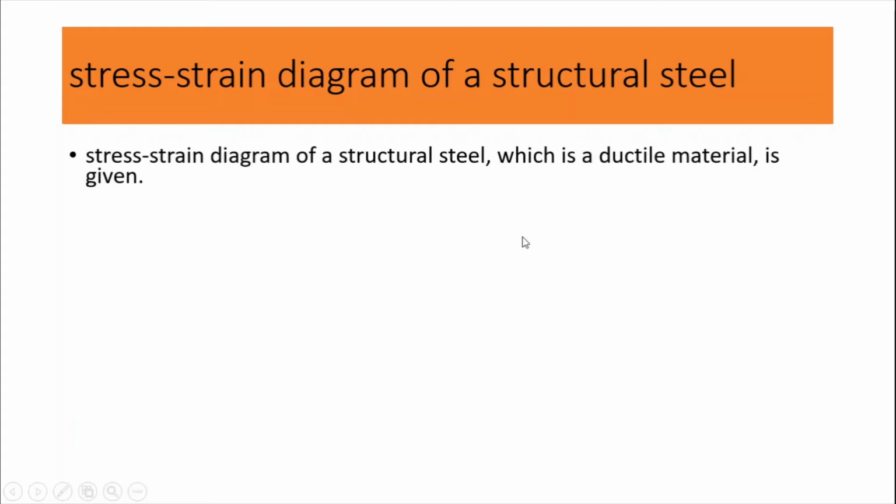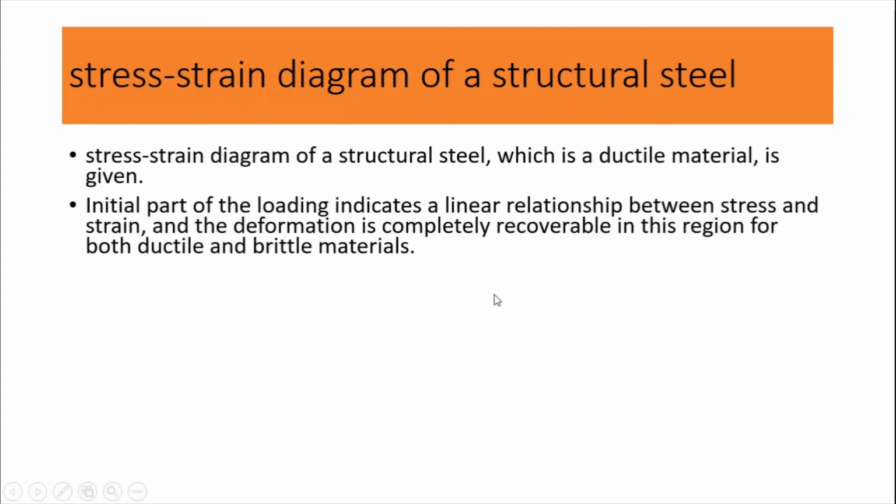The stress strain diagram of structural steel, which is a ductile metal, is shown. The initial part of the loading indicates a linear relationship between stress and strain, and deformation is completely recoverable in this region for both ductile and brittle metal. So in the initial line up to the elastic limit, if you remove the load, the part can regain its original size and shape.